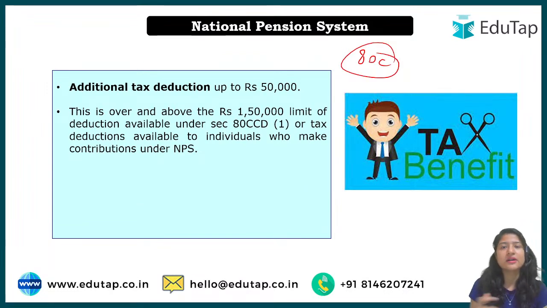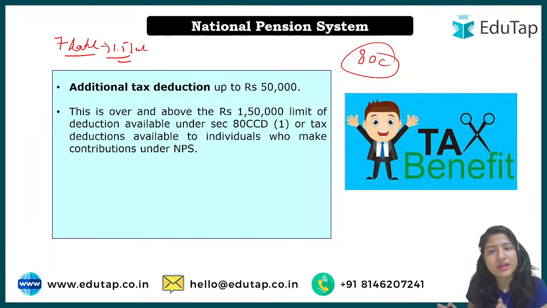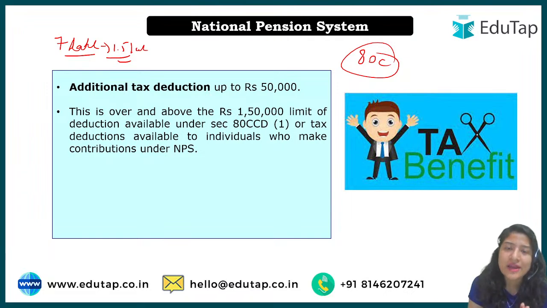For example, if your income is 7 lakh per annum, 1.5 lakh is deducted. It is not automatically deducted, you can show some of your investment, under LIC or anything, but that's a separate thing. The basic idea you have to keep in mind is that whatever annual income you have, 1.5 lakh is deducted before analyzing whether you have to pay tax or not.